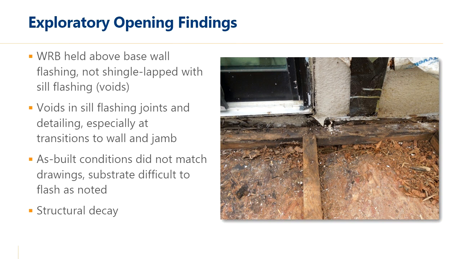What we've essentially found is that our weather-resistant barrier for the walls was held well above the base flashing, not shingle lapped in with the sill flashing. The sill flashing contained many of the same voids that we talked about in case study 1. Some different conditions didn't match, but most importantly on this project, we found quite a bit of structural decay.